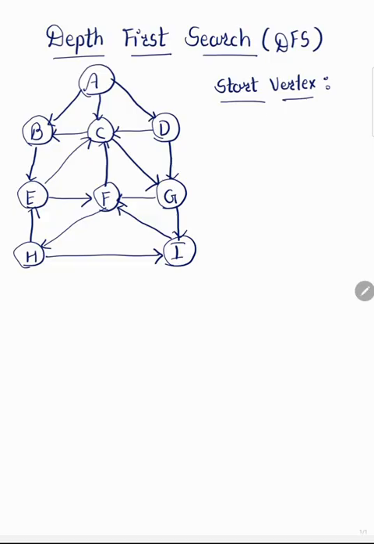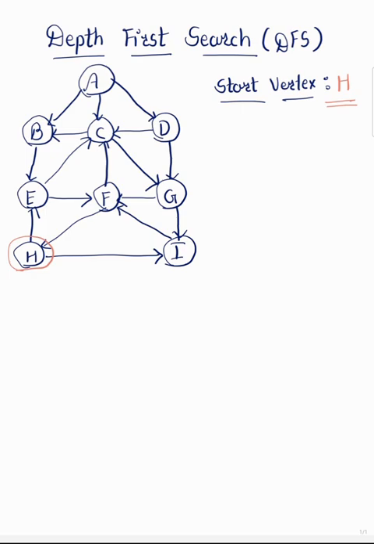Let us say, for example, here we are going to start with H. So my starting vertex is H, and whatever DFS sequence I'm going to have will be from the starting vertex H. If you choose any other vertex, then the DFS sequence will differ.